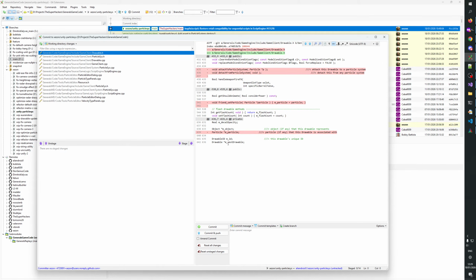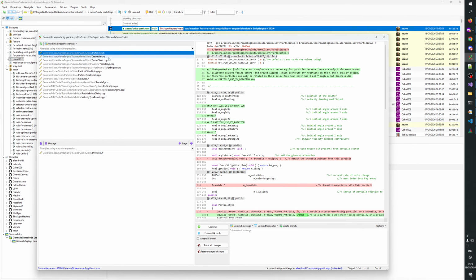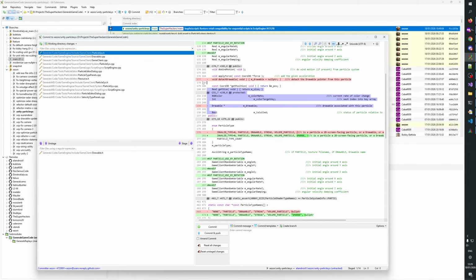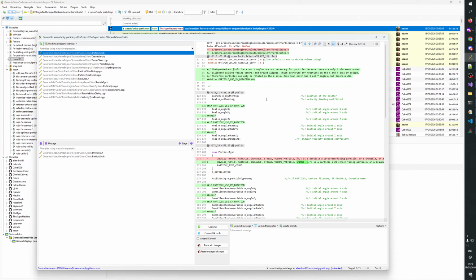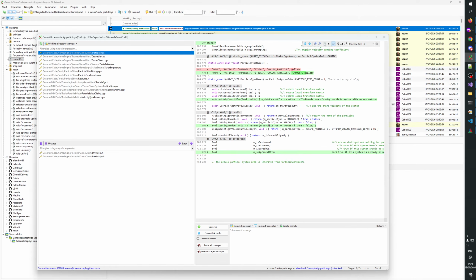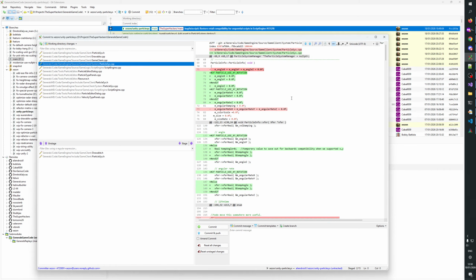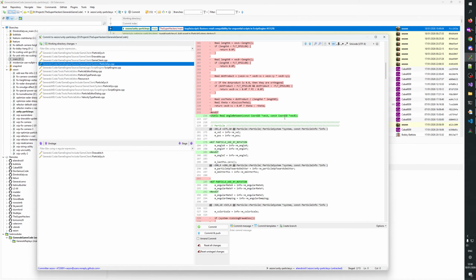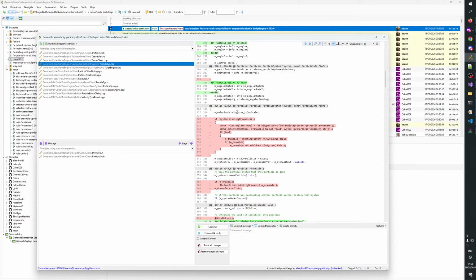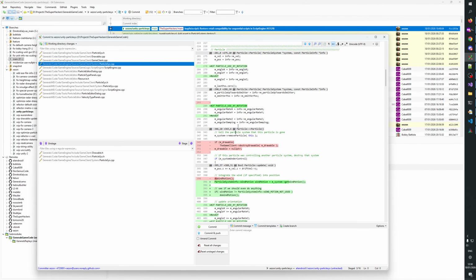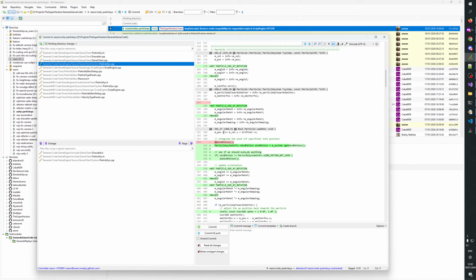First, let's do the drawable removement. So that's this guy, this guy, ParticleSystem. Here, drawables, drawable.